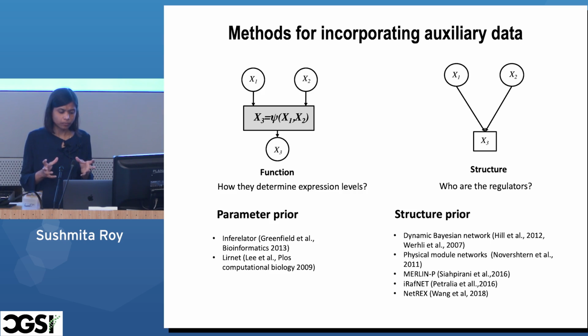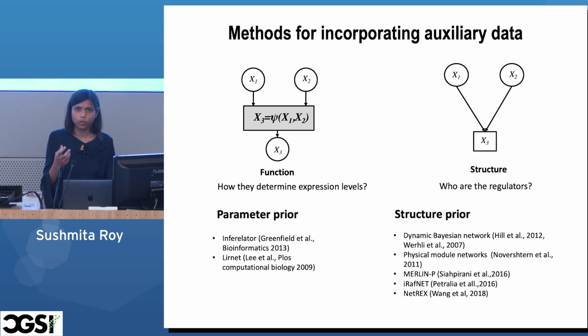One class, the parameter prior based methods, comes from approaches that have used something like a linear regression type of model. There, the predictive functions relating the regulators of a target gene are all linear. They use regularized linear regression, and they put this prior knowledge inside the parametric form of the model.